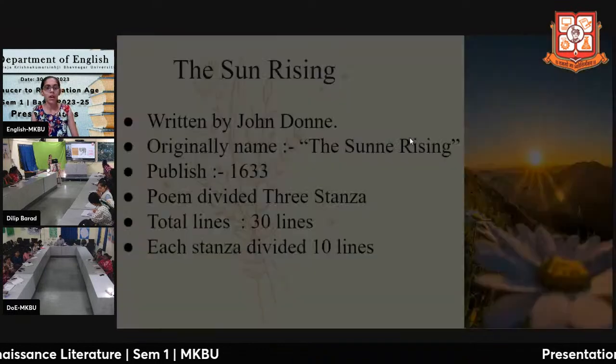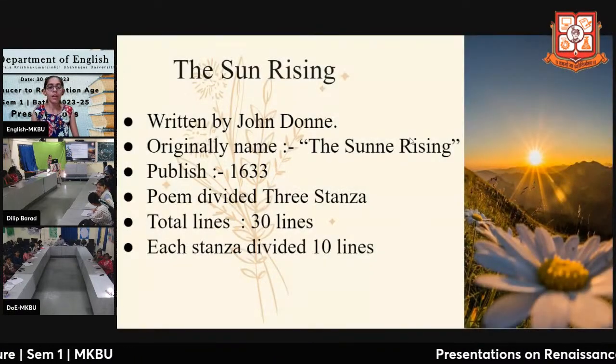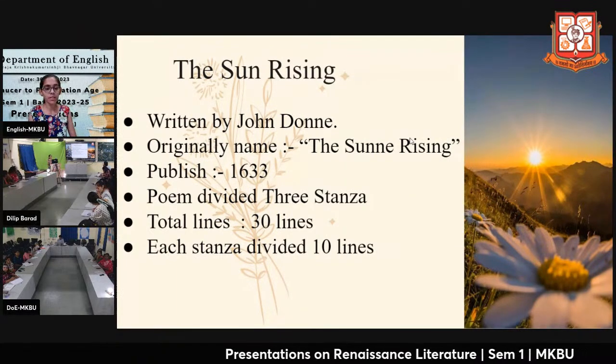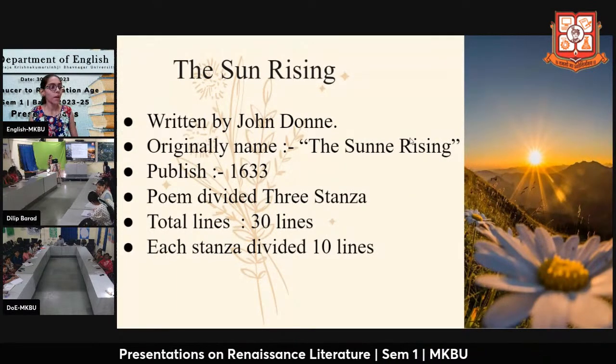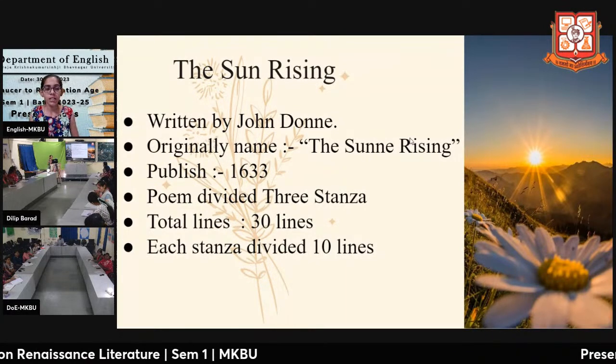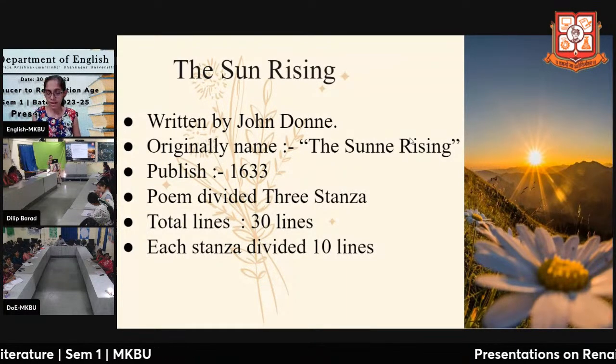Now, about The Sun Rising, written by John Donne. Original name is The Sun Rising. The poem is divided into 3 stanzas, total 30 lines. Each stanza has 10 lines.